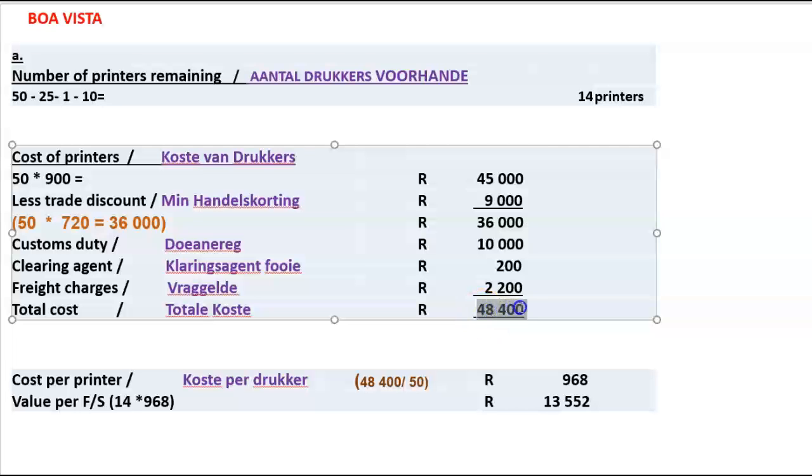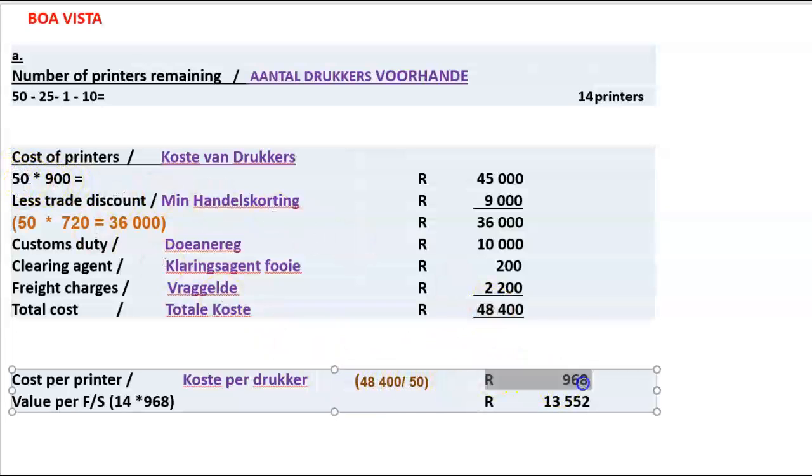So the total cost price of those 50 printers was 48,400. The unit price was 48,400 divided by the 50 printers that we have purchased, so that gave us 968 Rand per printer. How many printers did we have on hand at the end of the period?